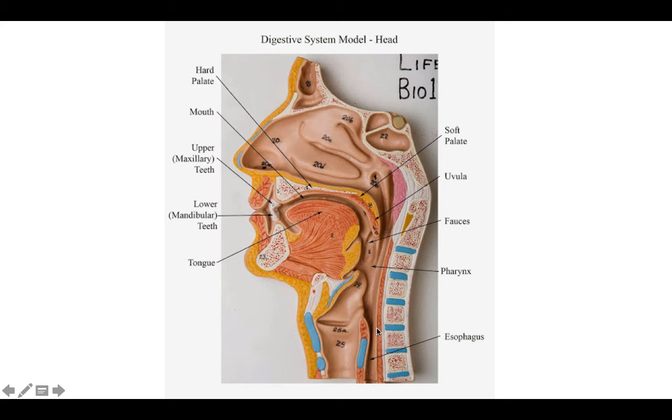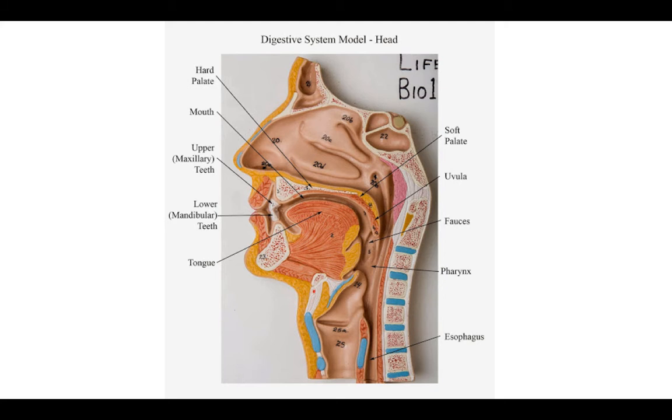Now, as food makes its way into the esophagus, you transition from skeletal muscles propelling food into smooth muscles that propel the food. You probably remember from lecture, we talked about circular muscles and longitudinal muscles in the esophagus that contract sequentially to produce wave-like contractions we call peristalsis.